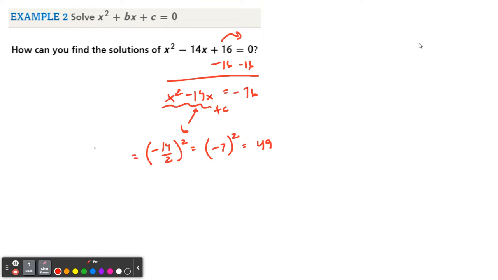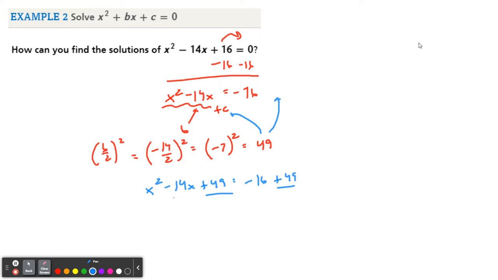So again, this is the b over 2 squared. This 49 is our c value. We're going to add it over here, but we also have to add it over there. So my new equation becomes x squared minus 14x plus 49 equals negative 16 plus 49. Notice I added it both places.